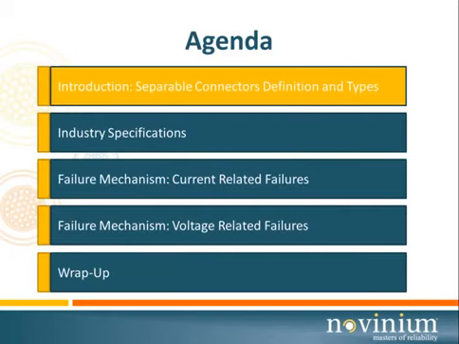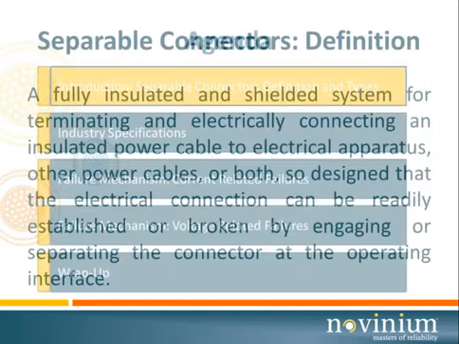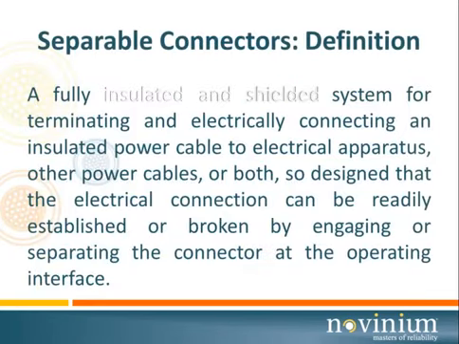So let's start with the definition of a separable connector. This is the definition as you see it in IEEE 386 today. There's only 2 areas that I want to key in on here, and those are the 2 areas that differentiate a separable connector from other connectors like a live front termination. The first is the fact that a separable connector is fully insulated and fully shielded. Obviously, a termination is not shielded.